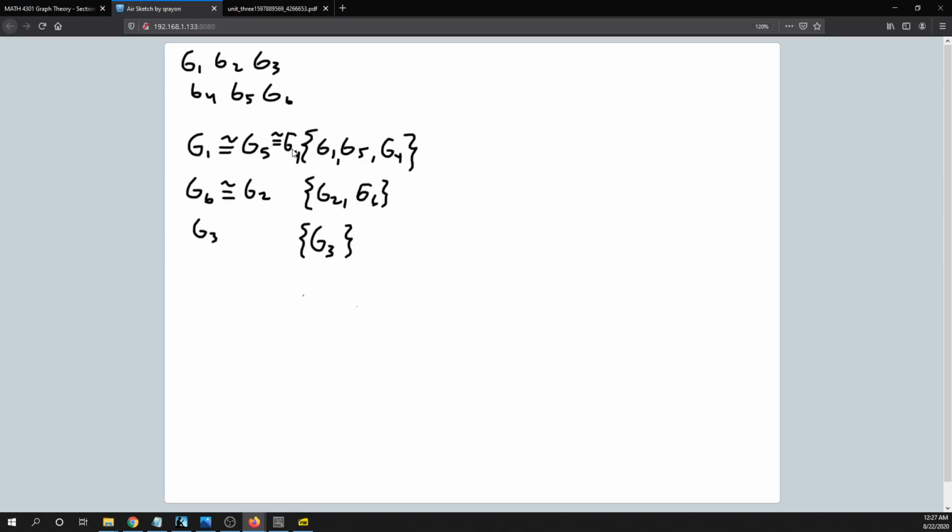Well, then there's no need to check that G4 and G1 are isomorphic, right? Because it's transitive. Through composition of these isomorphisms, you're going to get an isomorphism from G1 to G4. So make sure to exploit those properties, so you have to do less work that way.